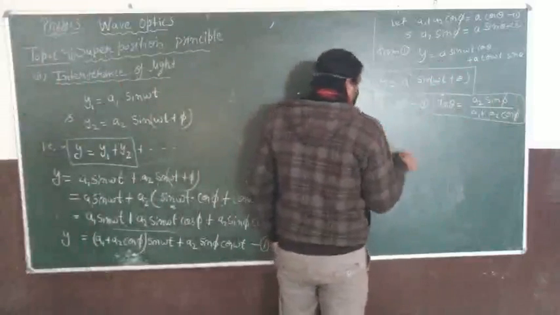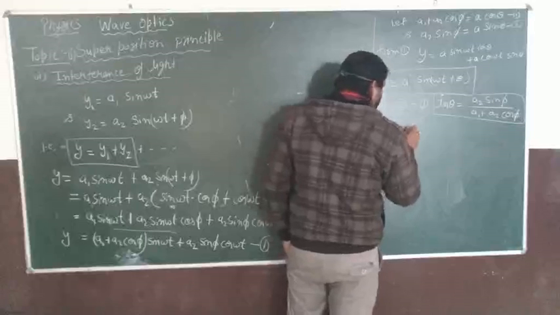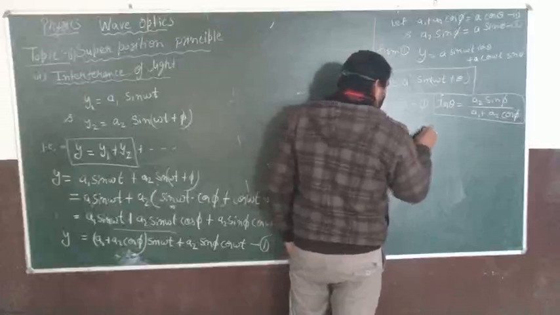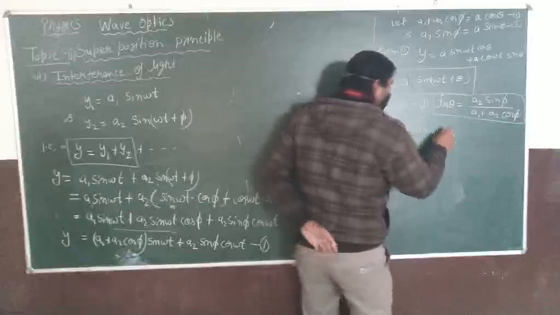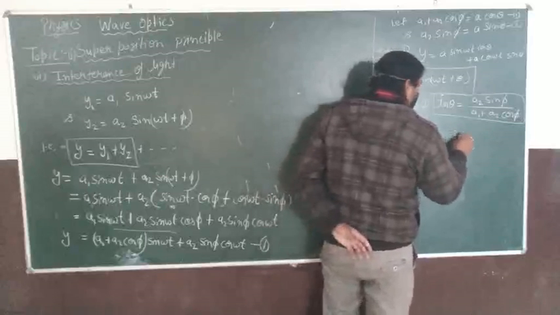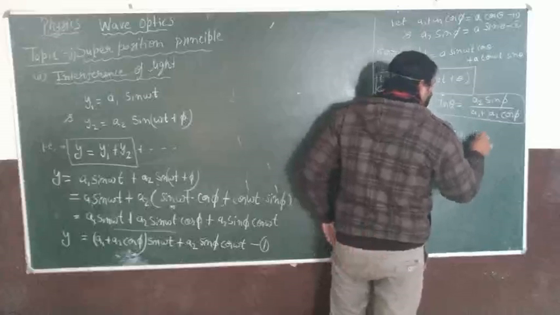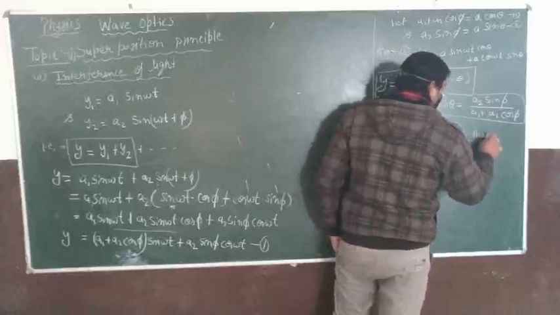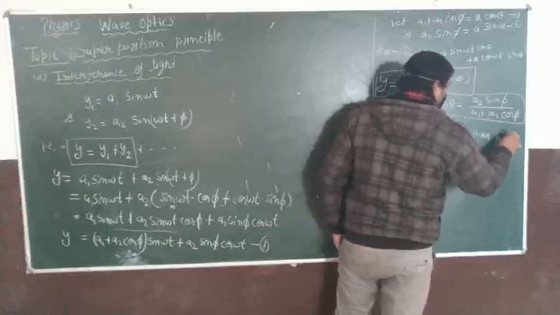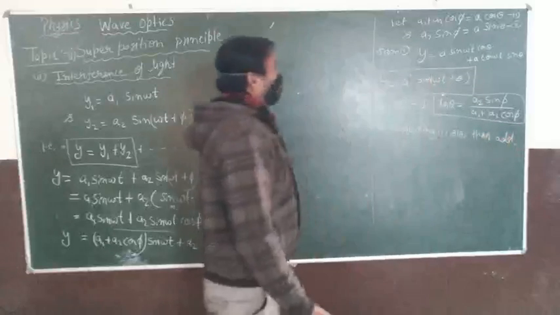On squaring the first and second and then adding, what do we get?